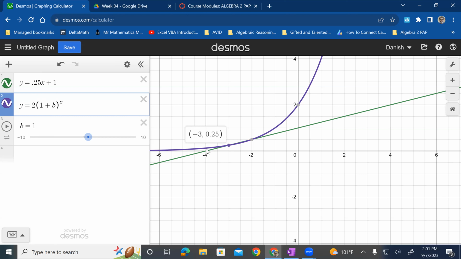Now we will move from -3 to -2. What is the value of y here? How much did it change now? 0.25. And then from -2 to -1, is the change constant here? It keeps on multiplying by 2.